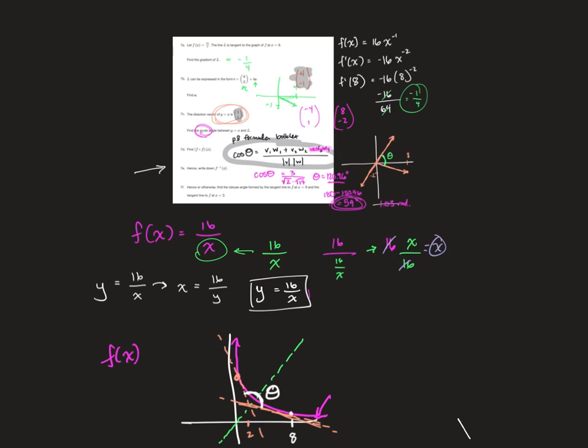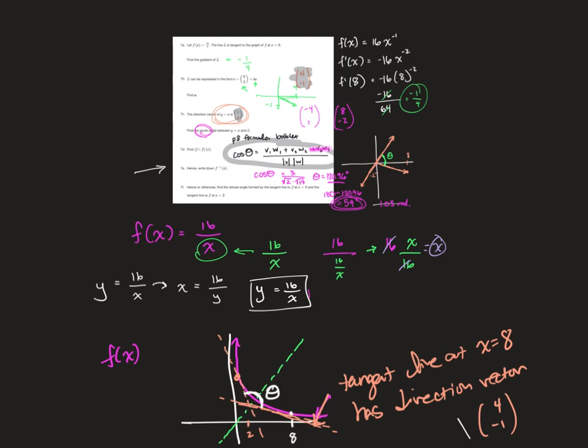Yikes. What color should I use? Okay, that one. The tangent line at x equals 8 has direction vector -4, 1. And we need to make sure that we have a direction vector for over here.